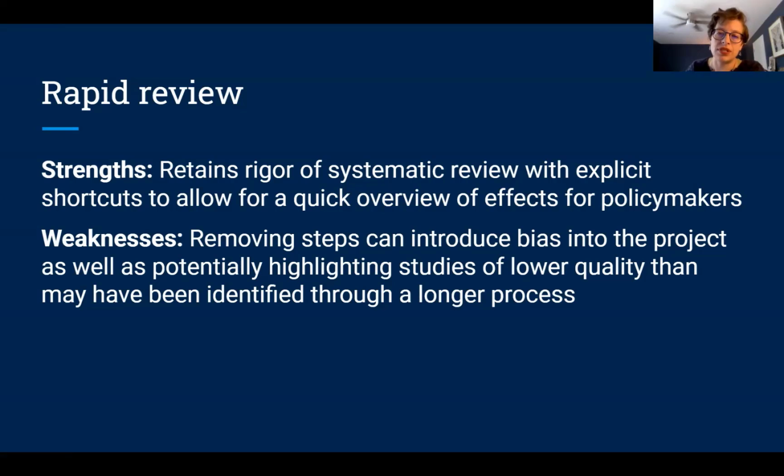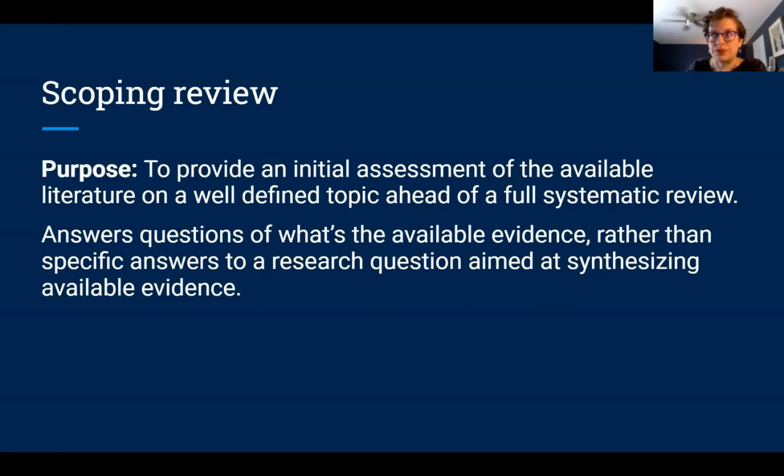So there are some weaknesses to it. But again, with any of these reviews, as long as you're explicit about understanding and writing out how you shortened the process or what biases you may be introducing, that's the main point of this, is that the readers understand what you did and can replicate it and understand that there may be biases in these.